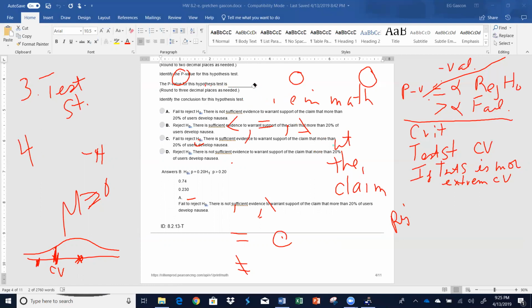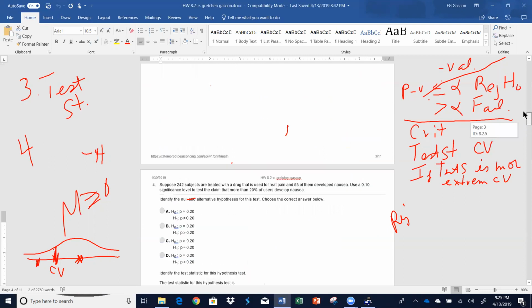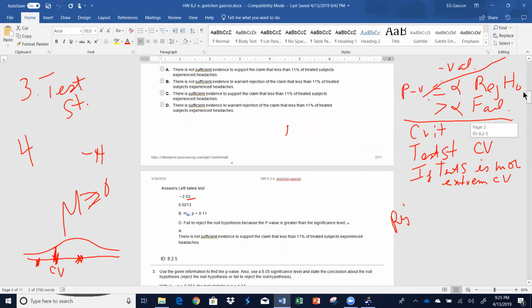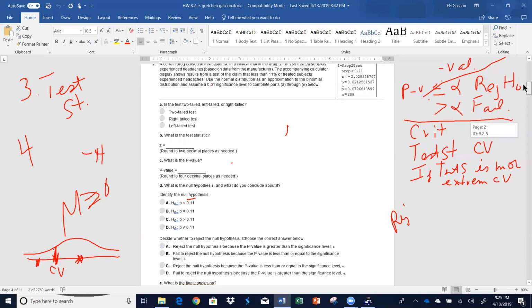It's too much stuff on my paper here. So problem number 2. Well, this one does all the calculations for you.